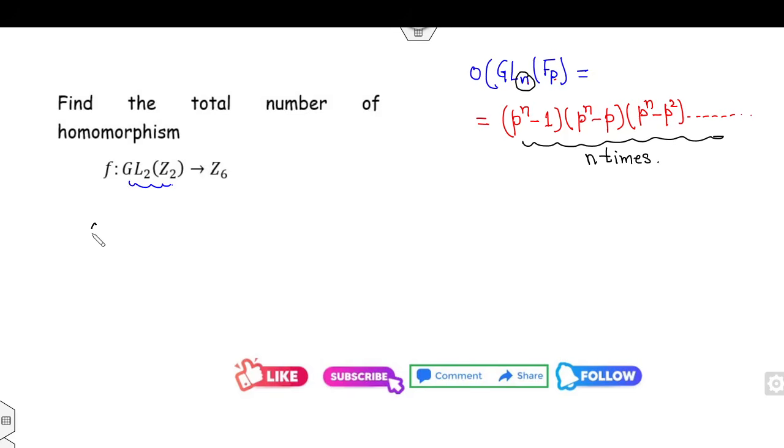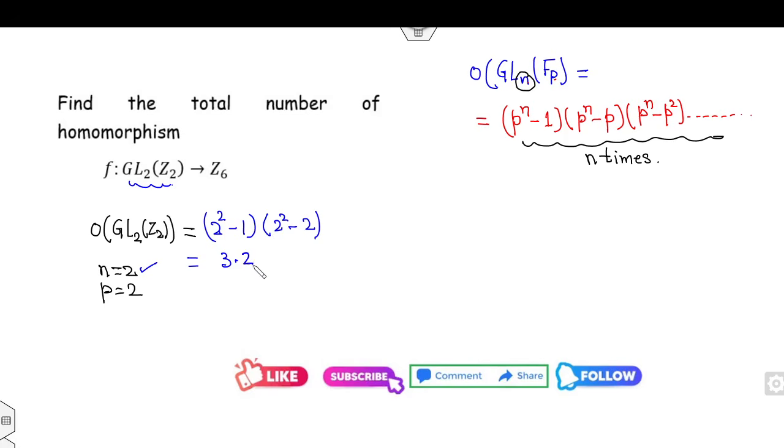Fine. So let me first find the order of this group. In this case, n is 2, p is 2. So what is the answer of this? p raised to power n. How many times have you written? 2 times, since n is 2. So 1 and 2. Fine. So what is the answer? 4 minus 1 is 3, 4 minus 2 is 2, so the order is 6.